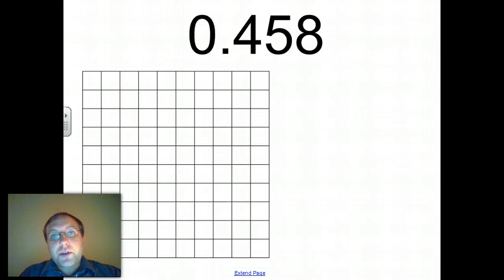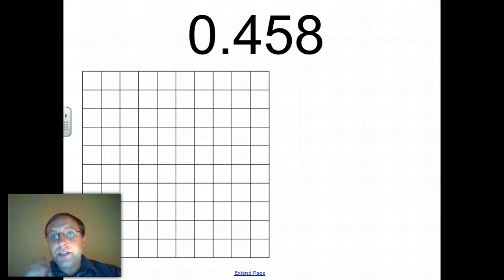And this actually holds true with any decimal or fraction that you use. In this case, we have what is informally 0.458, otherwise known as 458 thousandths. Now, it's really difficult to represent on a page that has 1,000 different squares, and I could try to put it up on the video here, but the squares would be so small it's not even worth trying to discern what would happen.